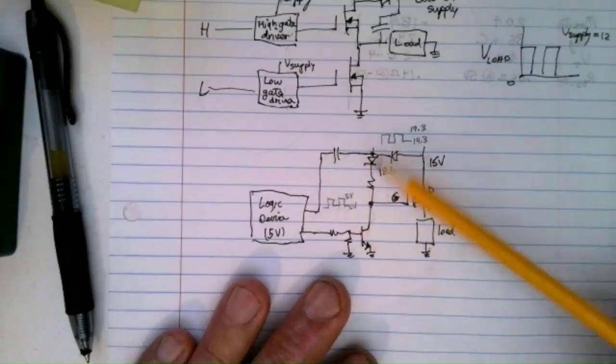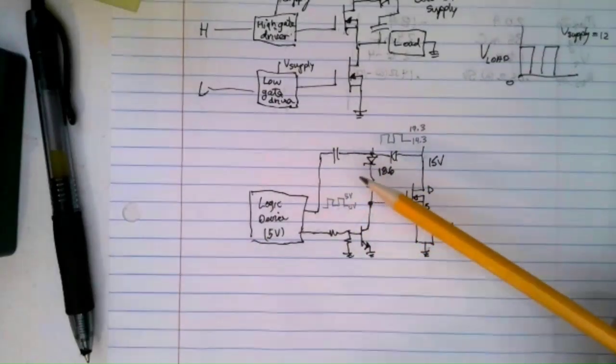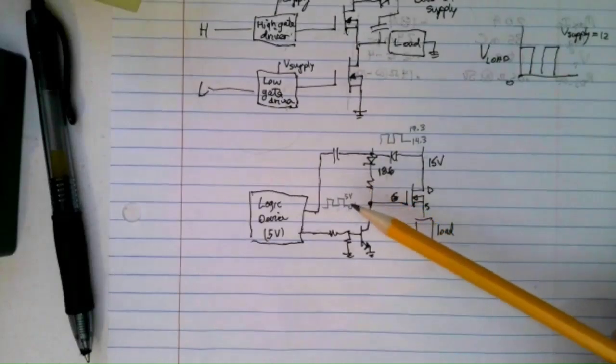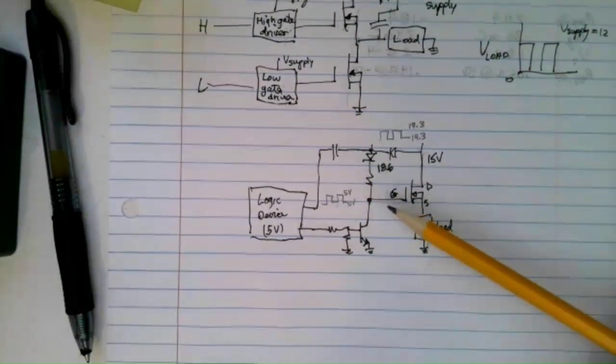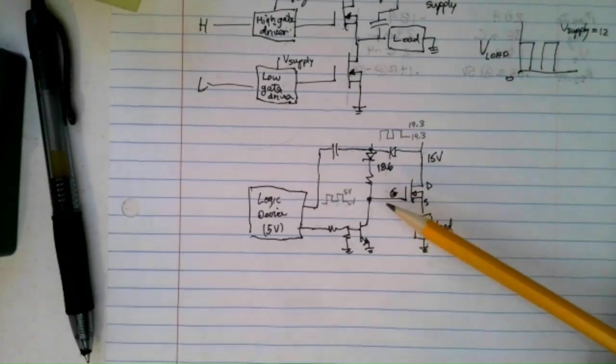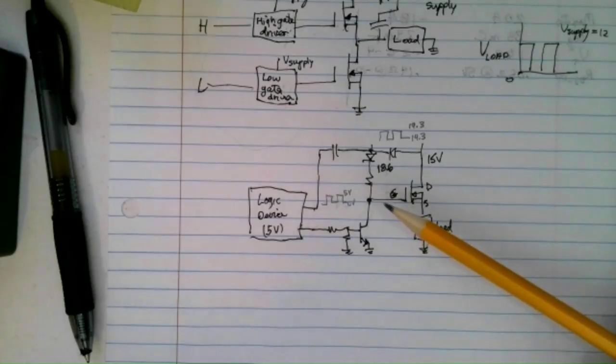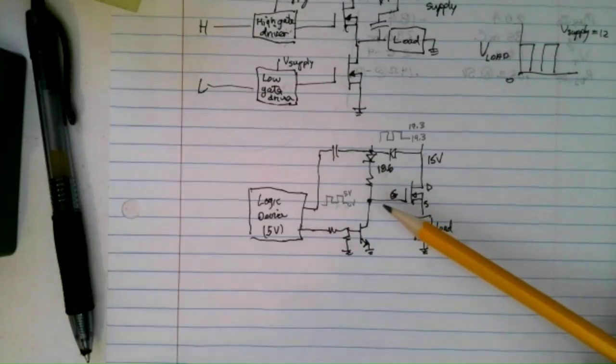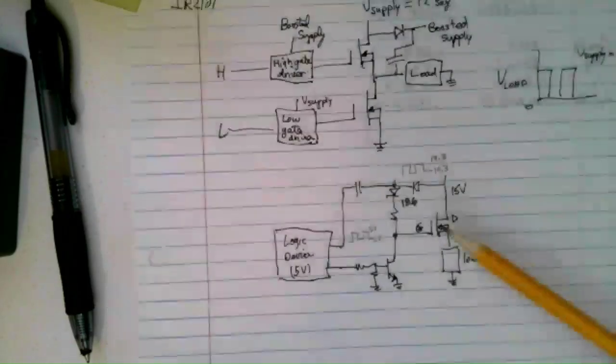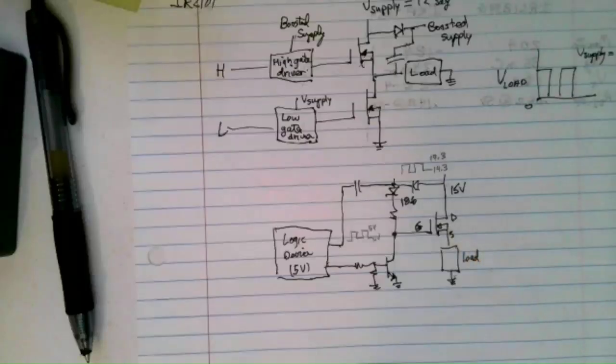And now you rectify that, and then you have to put a Zener diode in there or something so you don't damage your gate source junction on your FET, and you're building another supply. It doesn't have to be a great supply, but you're building another supply here just to turn this part on really good. So that's the cost of using an NFET as a high side switch.